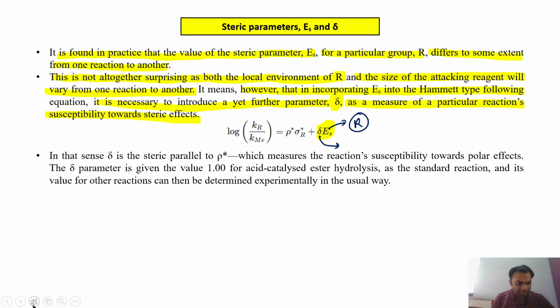Compared to this rho constant, delta is a steric parameter which measures the reaction susceptibility towards the steric effect. Here, sigma star measures the susceptibility towards the polar effect, and delta measures the susceptibility towards the steric effect.